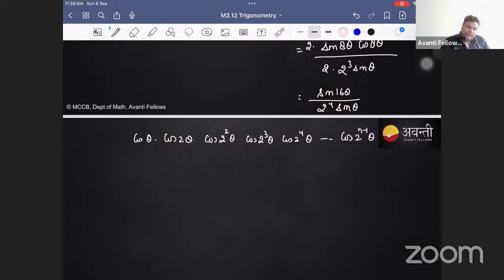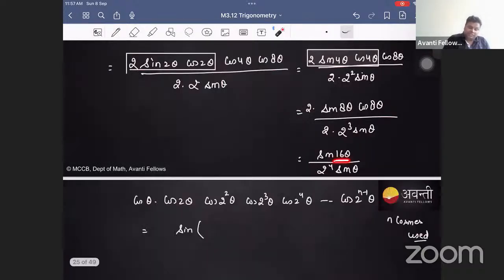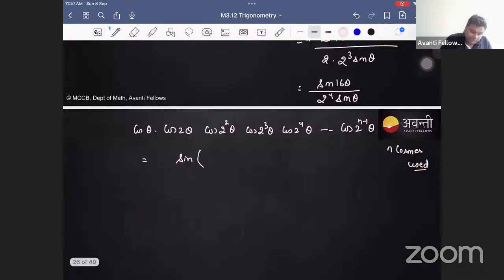Now, see, there are n cosines used. So the formula for this will be sine of double of the largest angle. Like it was here, the largest angle was 8 theta and finally it came 16 theta. So it is sine of 2 to the power n theta upon 2 to the power number of cosines which are used in this sequence, so n, into sine of the smallest angle theta.